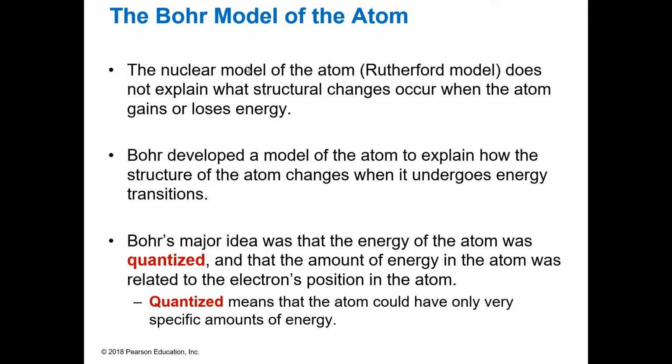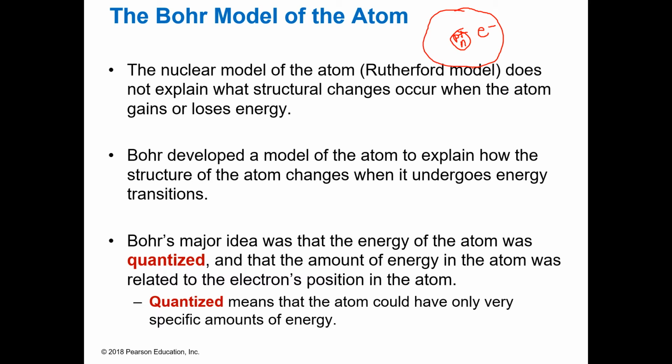So we know that at the beginning, the nuclear model of the atom was that we had, very basically, our atom, and in it we have a nucleus, and in that nucleus we have our protons and our neutrons, and then outside the nucleus we have our electrons.